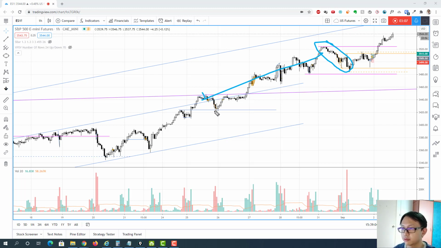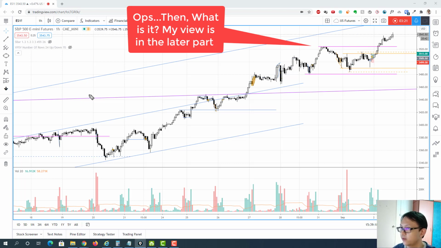If you compare all these reactions, this is the largest down wave, so definitely this is a change of character. But you can see that yesterday price action actually violated that, and in fact it just had a breakout here and another continuation to the upside here.